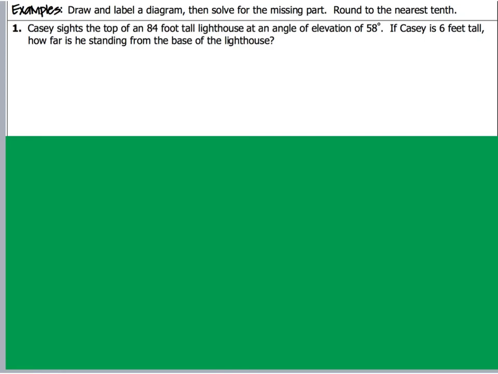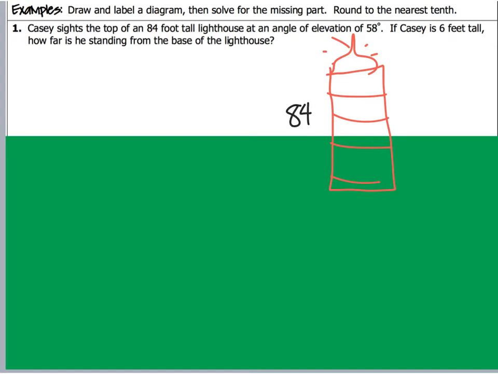All right, so here is a word problem. Casey sights the top of an 84-foot tall lighthouse. So, okay, here is the lighthouse. I guess we'll say it's a lighthouse. It is 84 feet. So this is 84 from top to bottom.